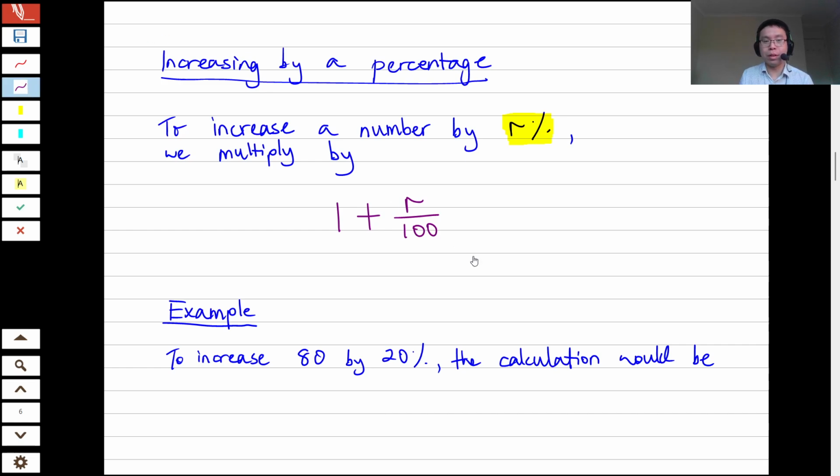So for example, suppose I give you the number 80, and I want to increase this by 20%. The calculation that we would do is 80 times brackets 1 plus 20 over 100, which is the same as 80 times 1.2 if I evaluate the bracket first, and that gives me 96.